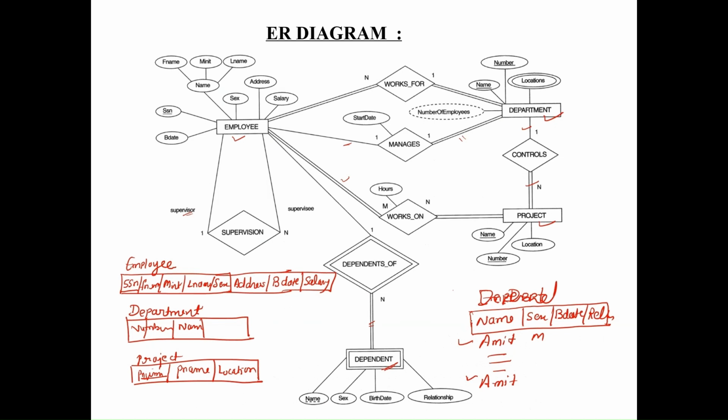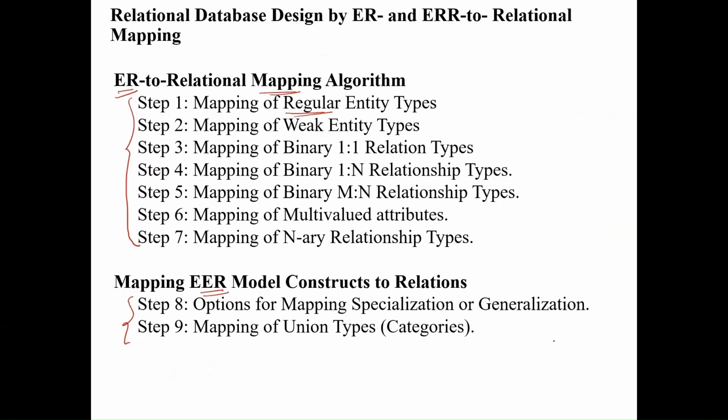So for a weak entity, we have to consider the employee social security number as one of the key attributes along with the name. Now you can see that together they become the primary key of this table.